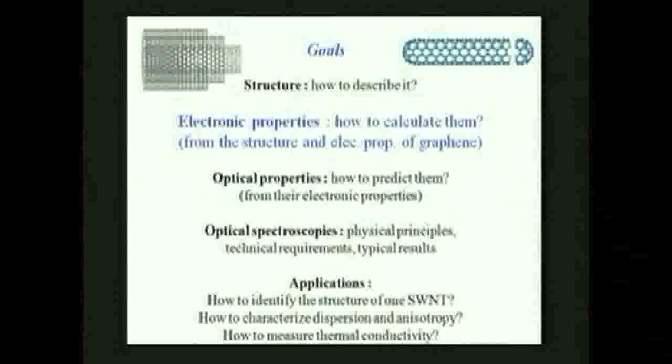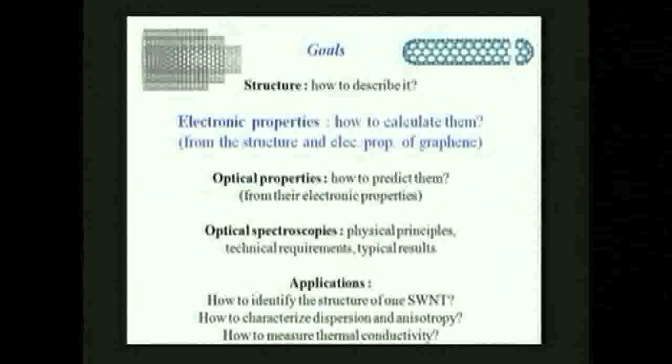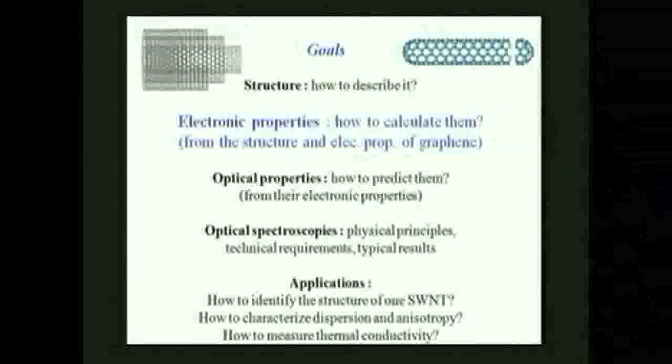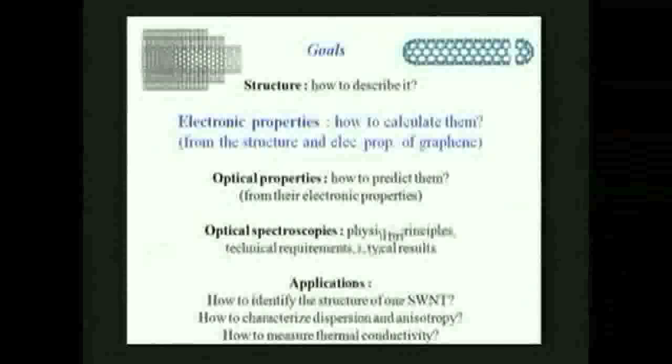theoreticians, people who make calculations, know how to calculate quite easily the electronic properties of graphene. Obviously, you have different levels of accuracy. The easiest way to calculate the electronic properties of graphene is to make tight binding calculations. In a tight binding calculation, you simplify the problem, and usually you consider the interaction only between neighboring atoms.